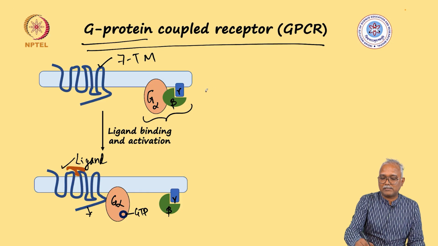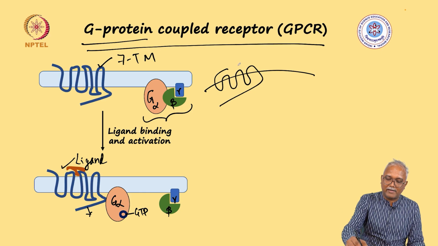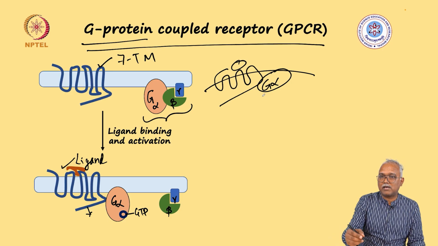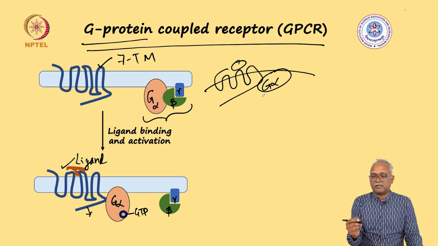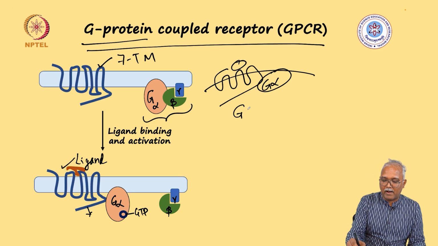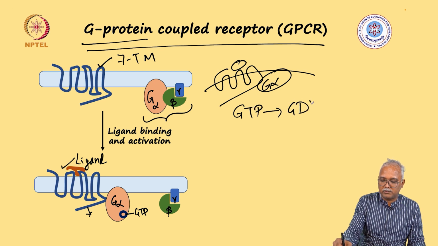So what you can understand is that this 7-pass transmembrane receptor will bind to the ligand and it will activate the system, and the first part of activation is recruitment of G alpha. Now this G alpha, as I said, has another type of enzymatic activity associated with the receptor. It will bind to GTP and hydrolyze it to GDP.